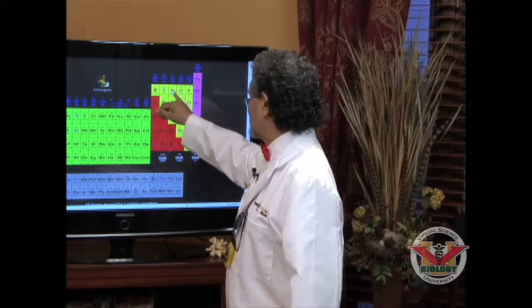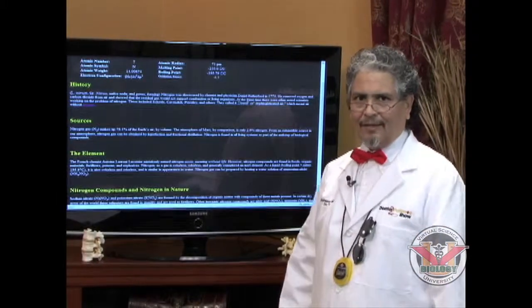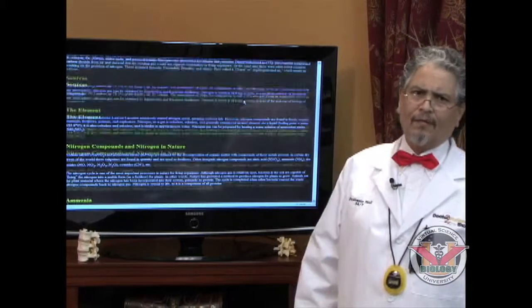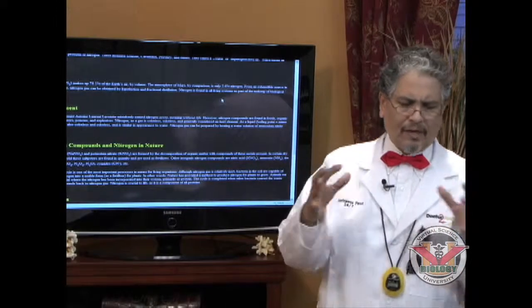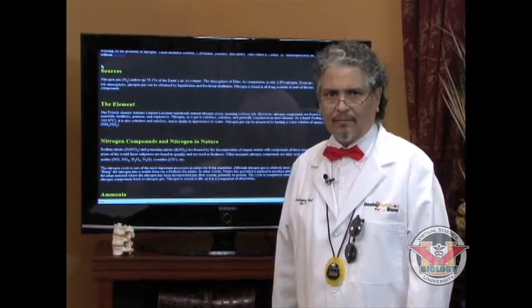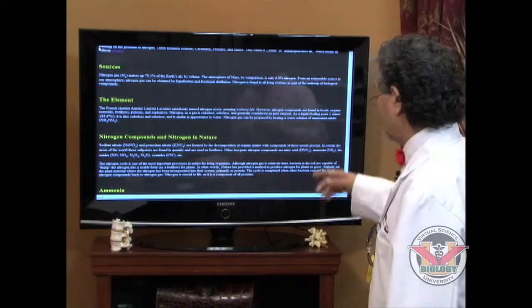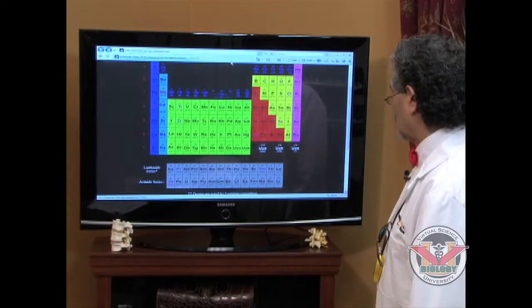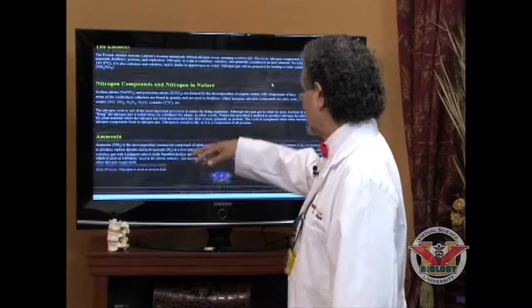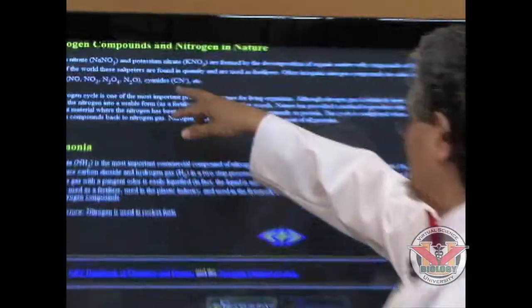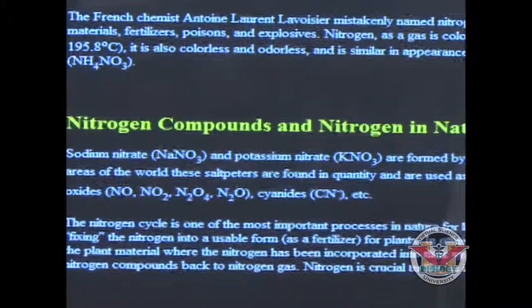Okay, now the other one is nitrogen. And nitrogen here is number 7. Nitrogen is not found in as big of a concentration as the other 3, because nitrogen only makes up about 3% of the body weight of a human. And if you look at the uses of it, it goes down here in terms of the nitrogen compounds up here at the top, and nitrogen in nature.